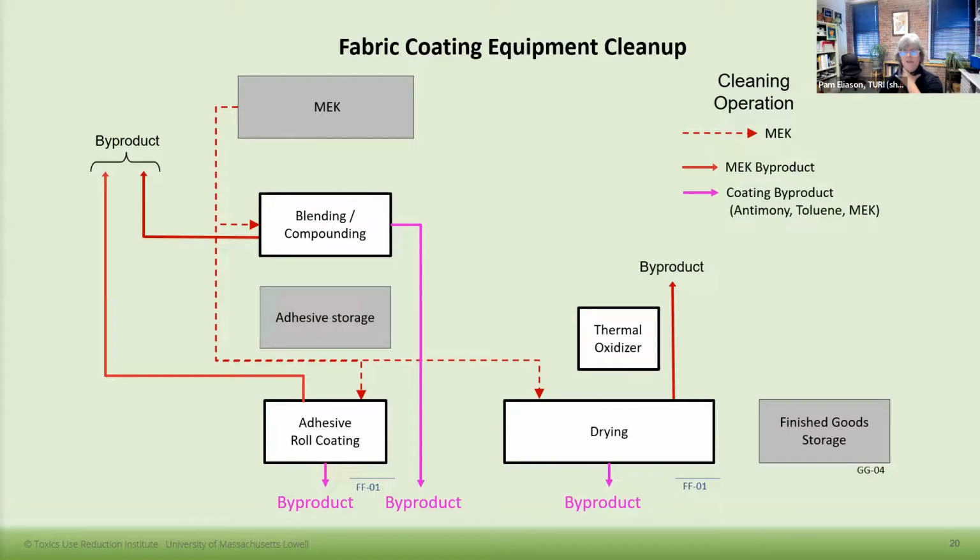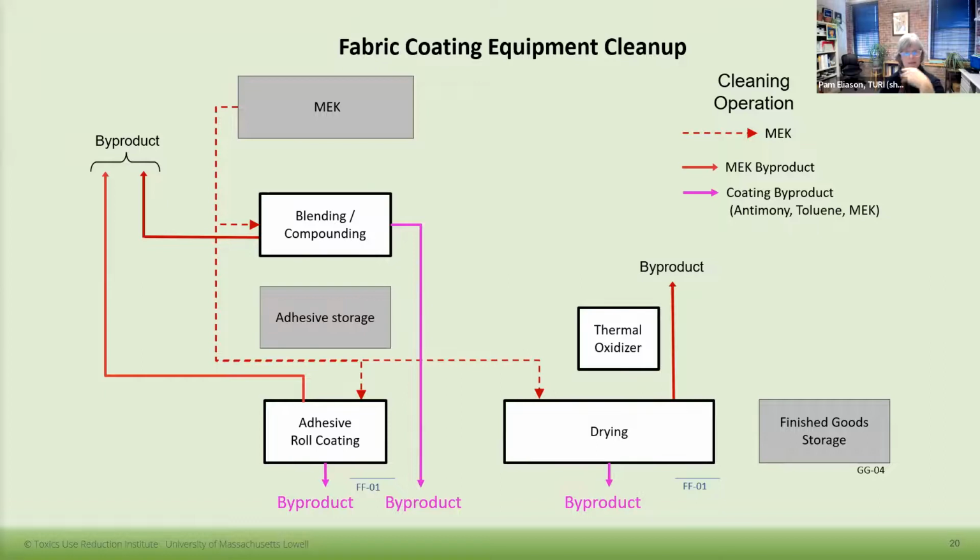We can look at another aspect of that same process, which is periodic cleaning. Periodically we have to maintain and clean our process equipment. In this example, they're using one of their toxic chemicals as their cleaning agent. This is the MEK, and it's going into the blending and compounding vat to clean out that tank. It looks like it's also being used to clean the roll coating device.